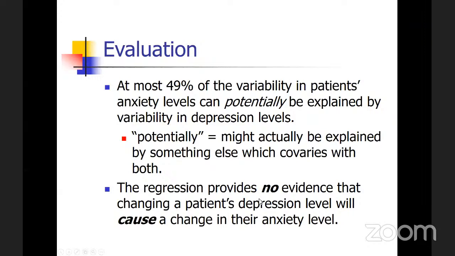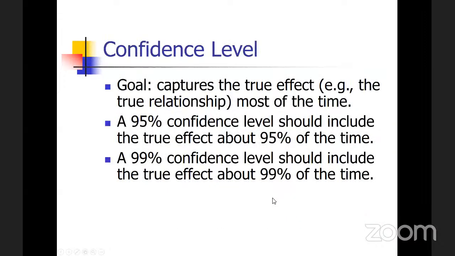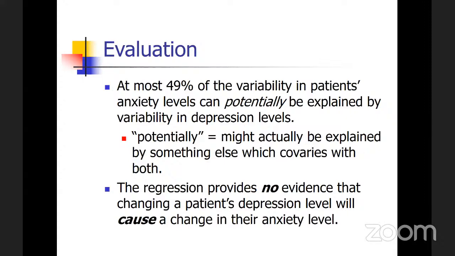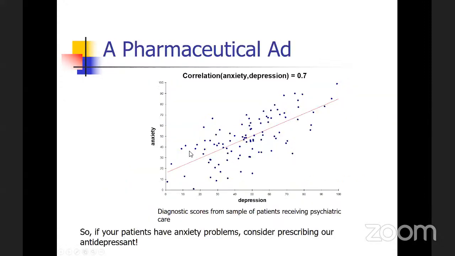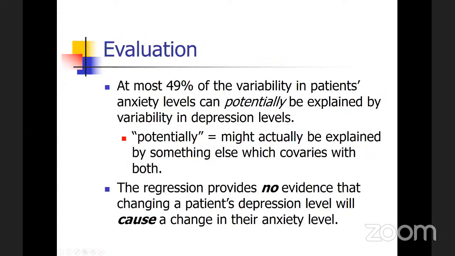So there's no evidence that depression causes anxiety, and probably vice versa either. You can look at correlations, but correlations don't allow statements about causation. If you wanted to know if somebody with depression, is it depression? No, anxiety. Yeah, no, depression.